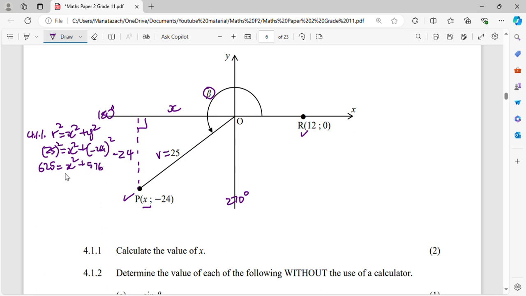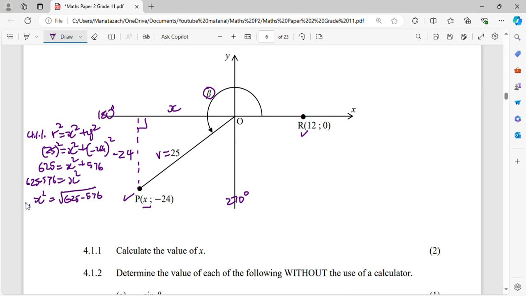Okay, now this should be straightforward. We have 625 minus 576 is equal to x squared. Putting a square root on both sides, x is equal to the square root of 625 minus 576.